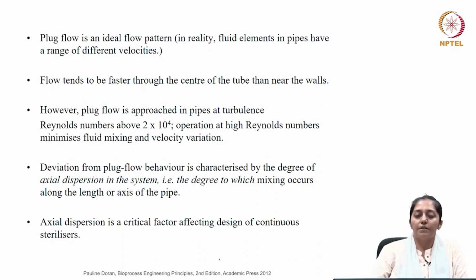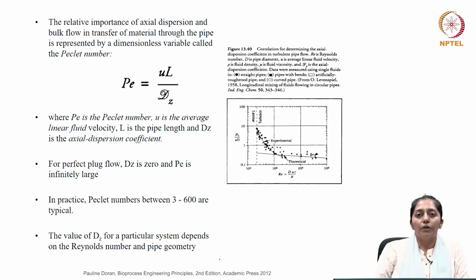Now, this axial dispersion therefore becomes a critical factor affecting the design of the continuous sterilizer. Now, in order to find the relative effect of axial dispersion in this process, we use the Peclet number, which talks about the relative importance of axial dispersion and bulk flow motion during the transfer of the material through the pipe.